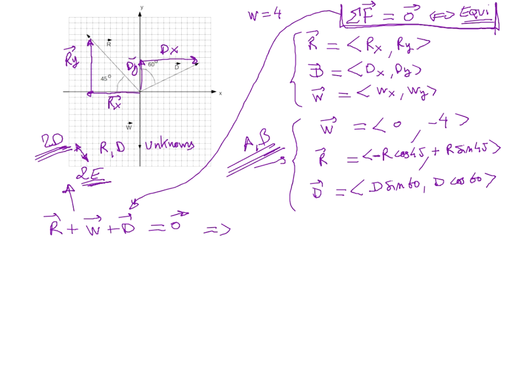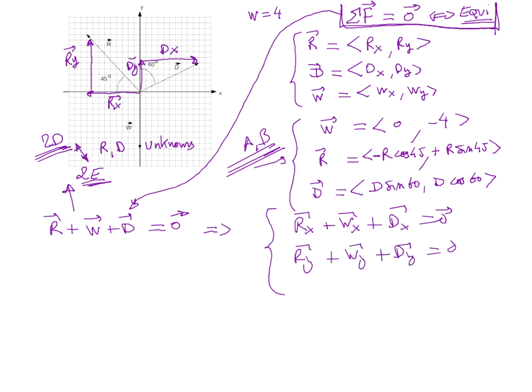So really, this will give us two equations. Rx plus Wx plus Dx is equal to 0x, and Ry plus Wy plus Dy is equal to 0y. And that's it.